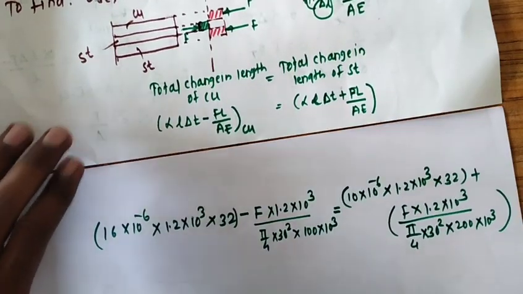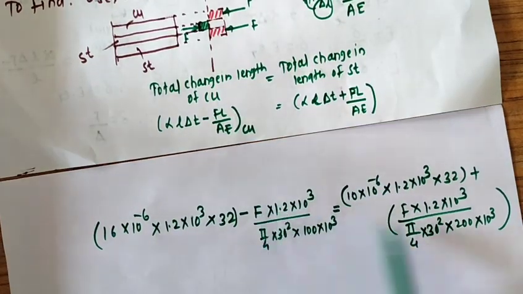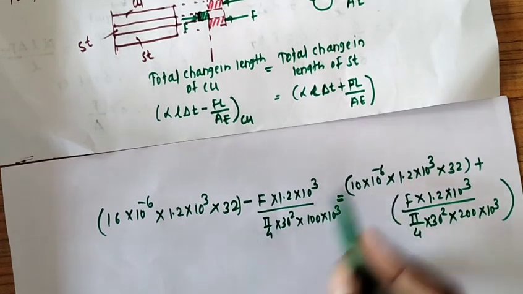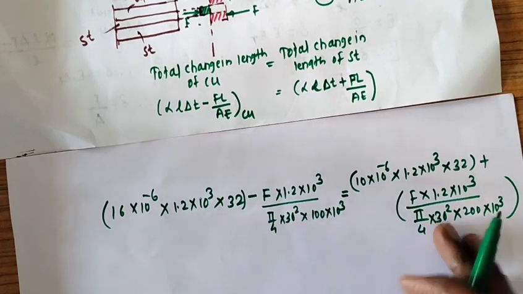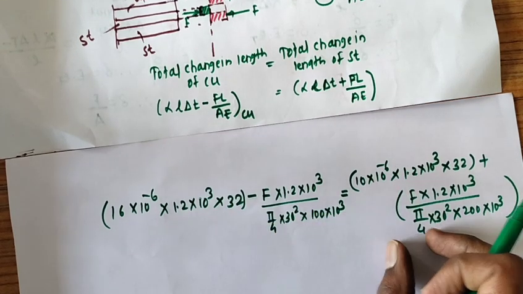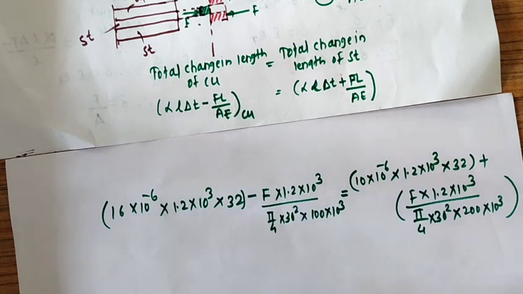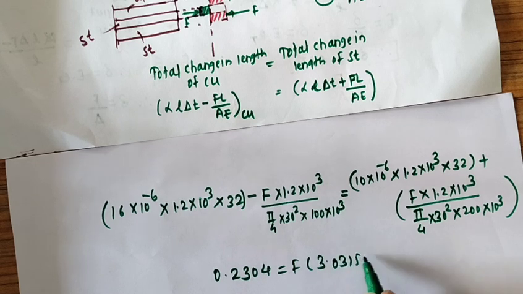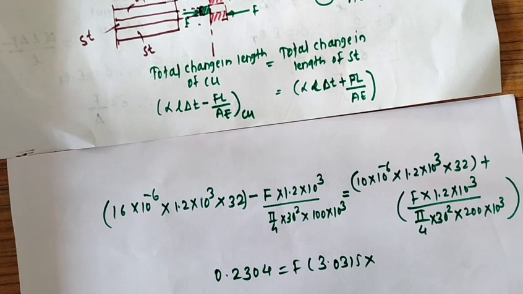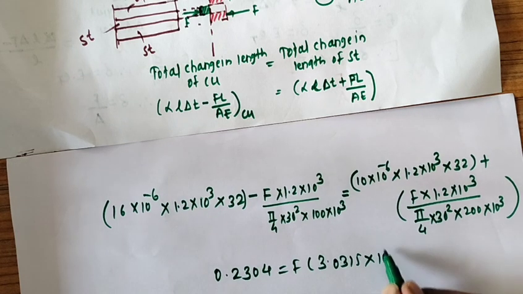If you simplify this and take F terms to one side and the constants to the other side, what will happen? Finally we get the equation 0.2304 is equal to F into 3.0315 into 10 raised to minus 5.